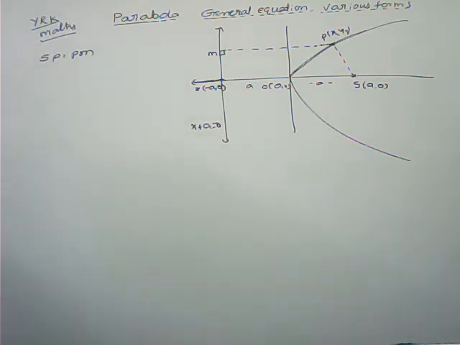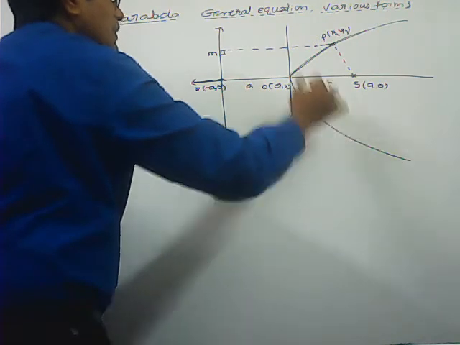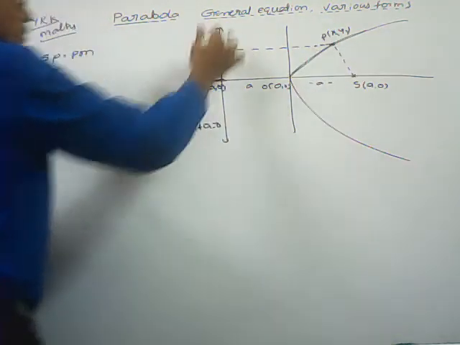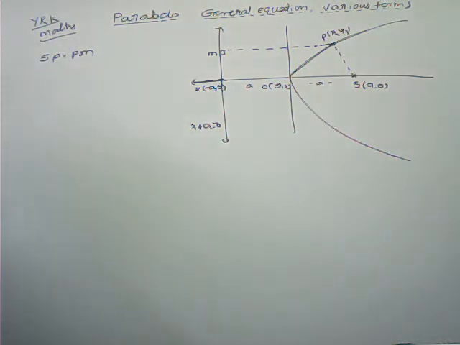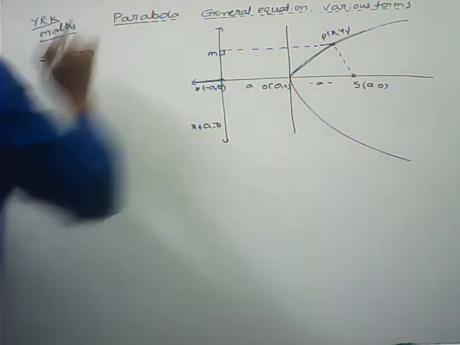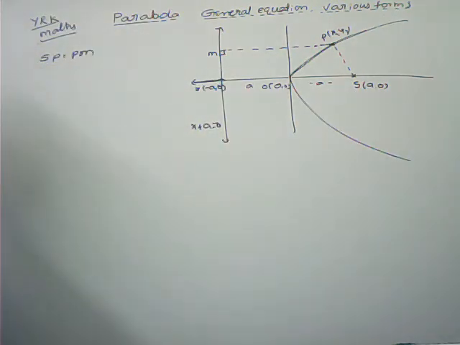Now the locus of the points which moves in a plane such that its distance from a fixed point is equal to its distance from a fixed line. Here the fixed point we say focus and the fixed line we say directrix. Now if I solve this, we can get the standard form of the equation of the parabola.